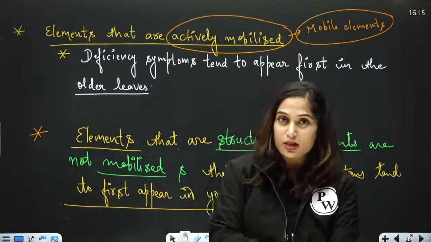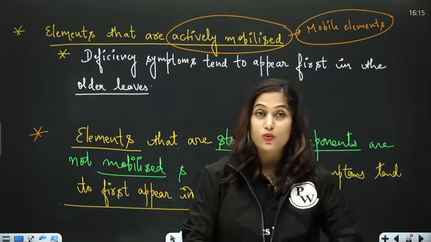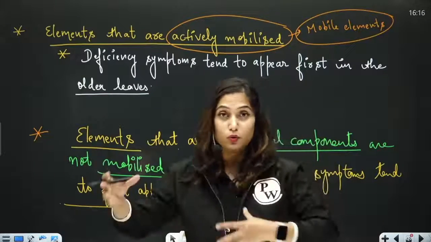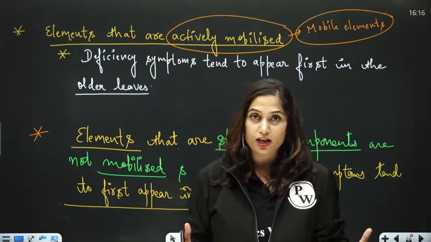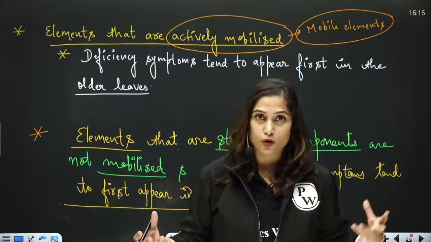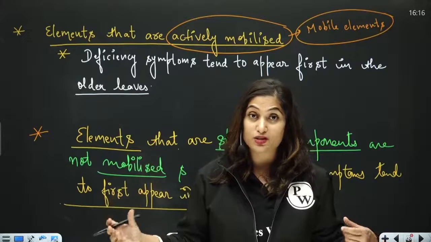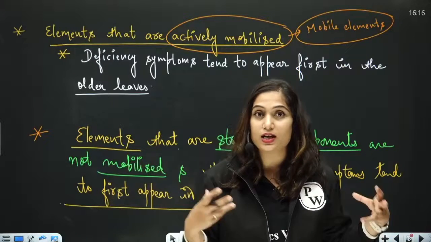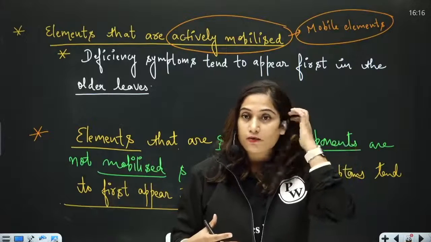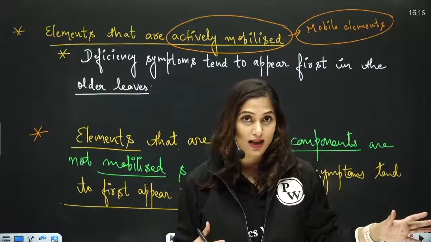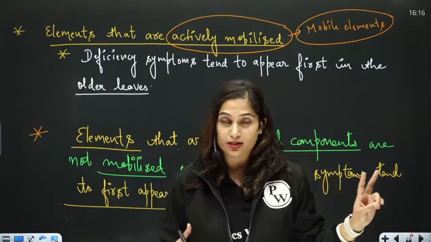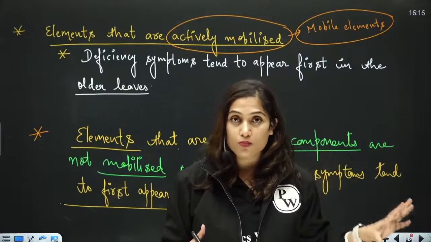So those elements which can move from old leaf to younger leaves are mobile elements. But some of the elements cannot move from older leaf to the younger leaves because they are structural in nature. They cannot leave that place. They will go with that leaf only. So those elements are immobile elements. So there are two kinds of elements in the plant, mobile and immobile.